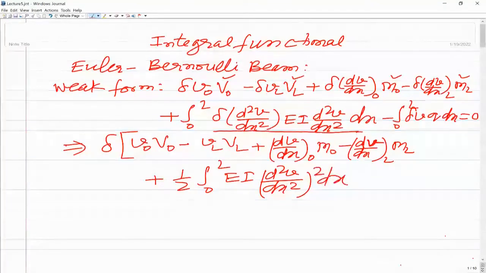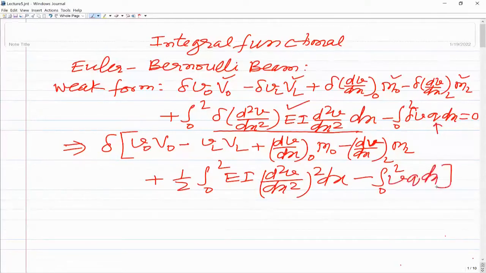So the variation of d2v by dx square whole squared will be 2 into d2v by dx square into delta of d2v by dx square. So 2 and half will cancel out, so we exactly get this term. Then minus integral 0 to L, and the last term, because q is a known quantity, its variation is 0, so we just have v into q dx, and this whole thing is equal to 0.